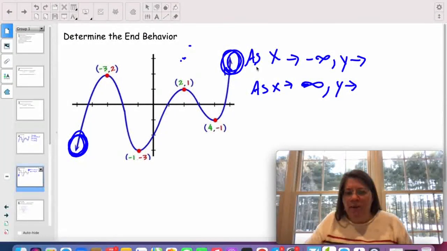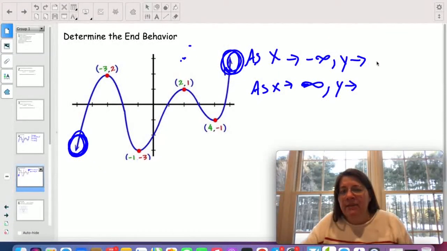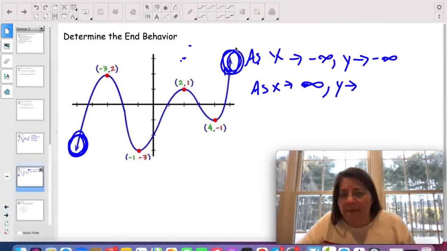When we're talking about what's happening with x approaching negative infinity, as x moves left, what is y doing? Well, y is going down, so it's approaching negative infinity. And if we look at this arrow, as x approaches the right, y is going in an upward direction, so it's approaching positive infinity.